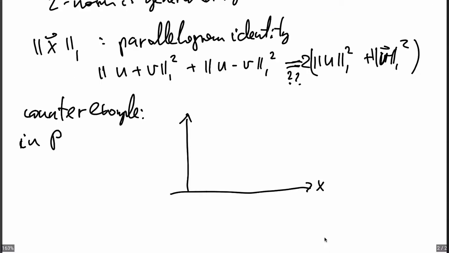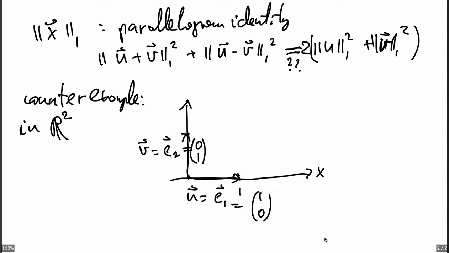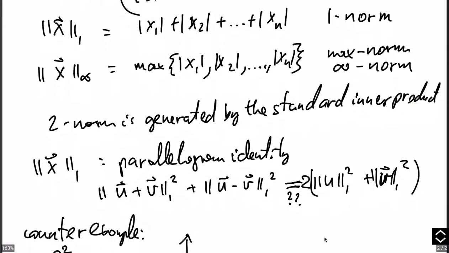So we can look at this in R2, and maybe let's choose the standard unit vectors E1 and E2 for u and v, which is then (1, 0) and (0, 1). All right, so the 1 norm is just adding together the components with absolute value.